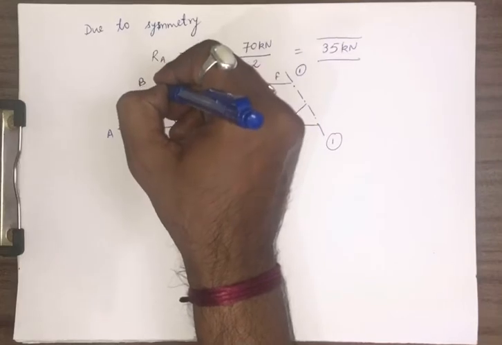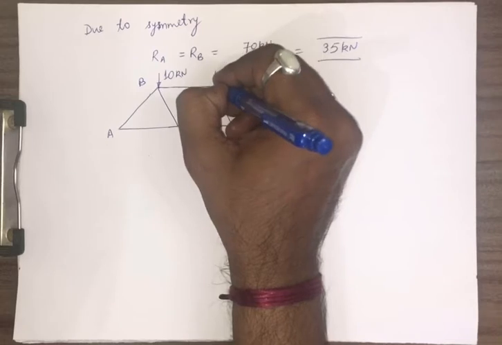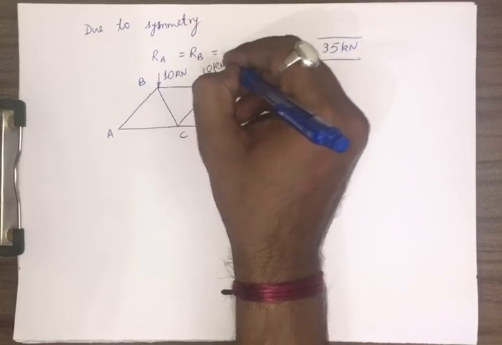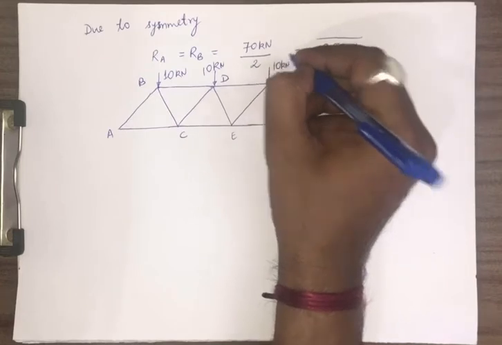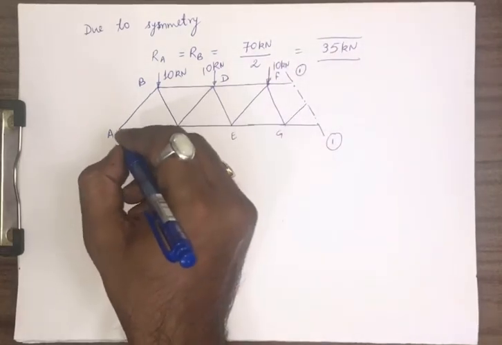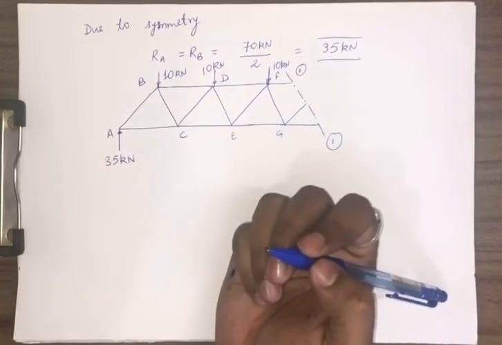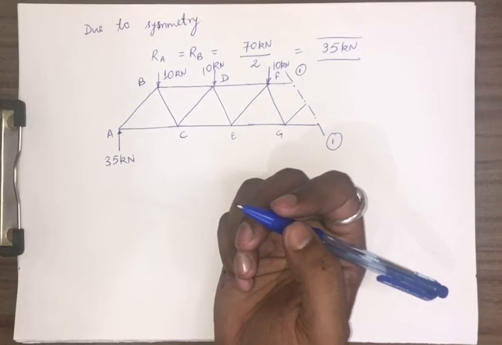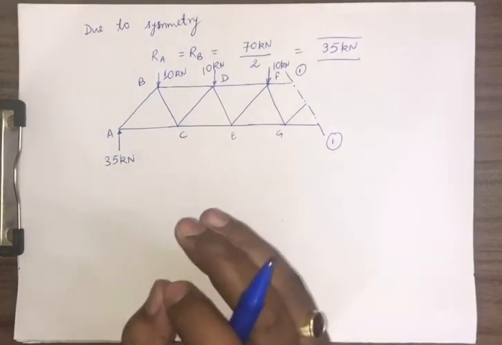Now let us show the loads. And here 35 kilonewton. Clear? So you can use the small tricks.